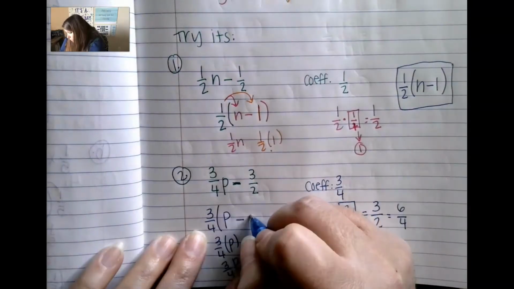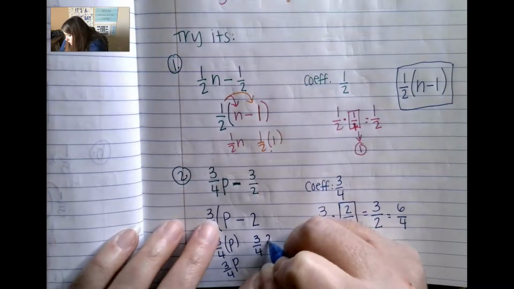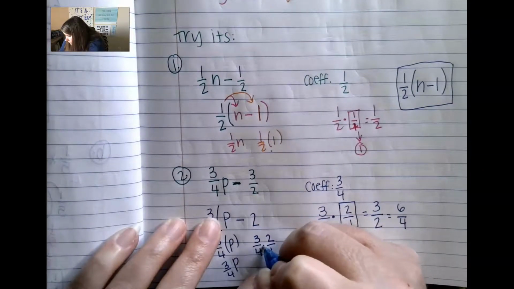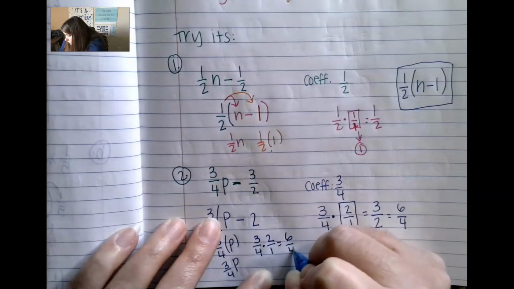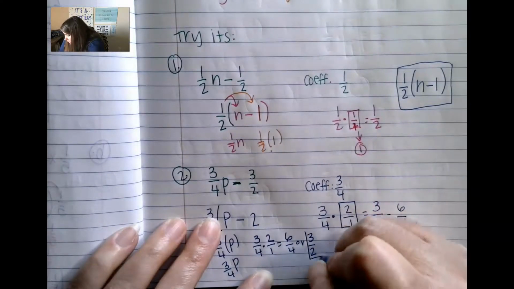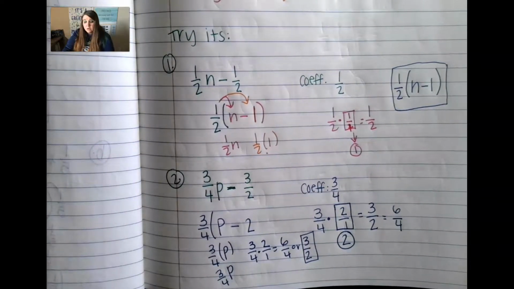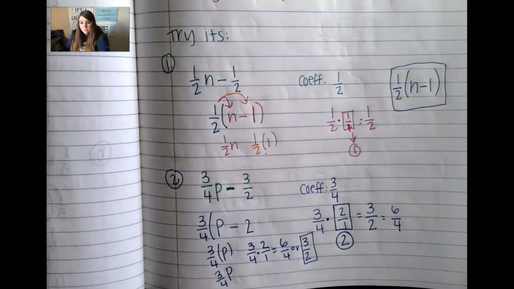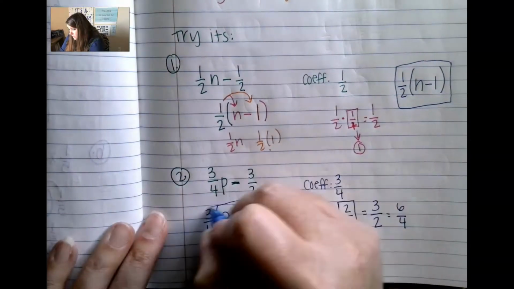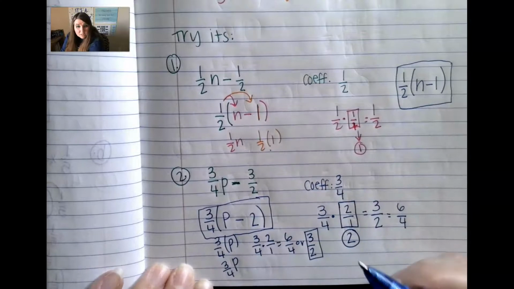This one was kind of a weird one. So 3/4 times 2/1 gives me 6/4 or 3/2. So that one was an odd one, but at least you have it now for your examples, and I apologize about that. It's okay if you didn't get this one. Make sure you ask questions if you're stuck there.